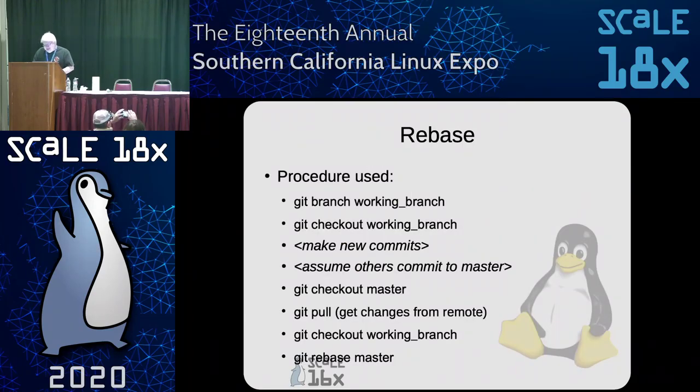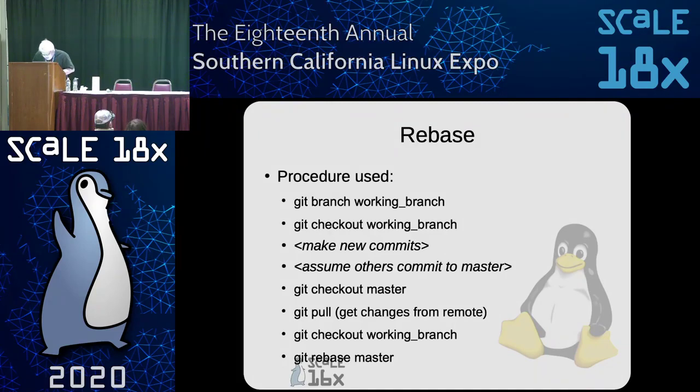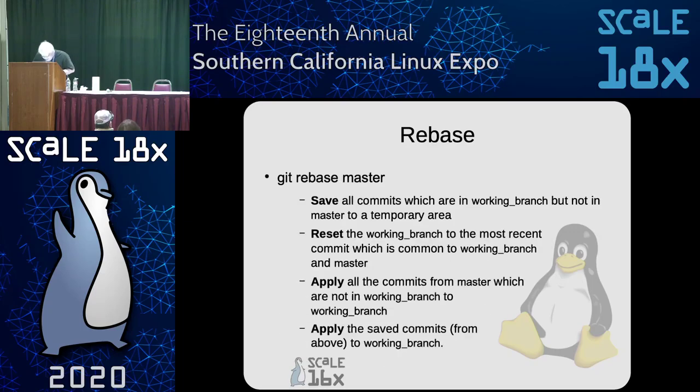So here's the basic workflow on that. You check it out, you do some stuff, and then meanwhile other people are doing stuff to master. When you're ready, you check out master and you pull from master, which means get the changes from the remote repository, and then you check out your working branch again and you git rebase master.